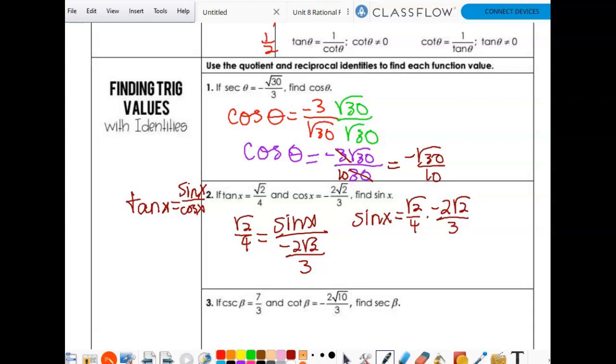It is 4, but what's the square root of 4? 2. So remember, they always match, right? The square root of 2 times the square root of 2 is 2. So I get 2 times negative 2 gives me negative 4, and 4 times 3 is 12. So I get a negative 1/3, and that's my sine.